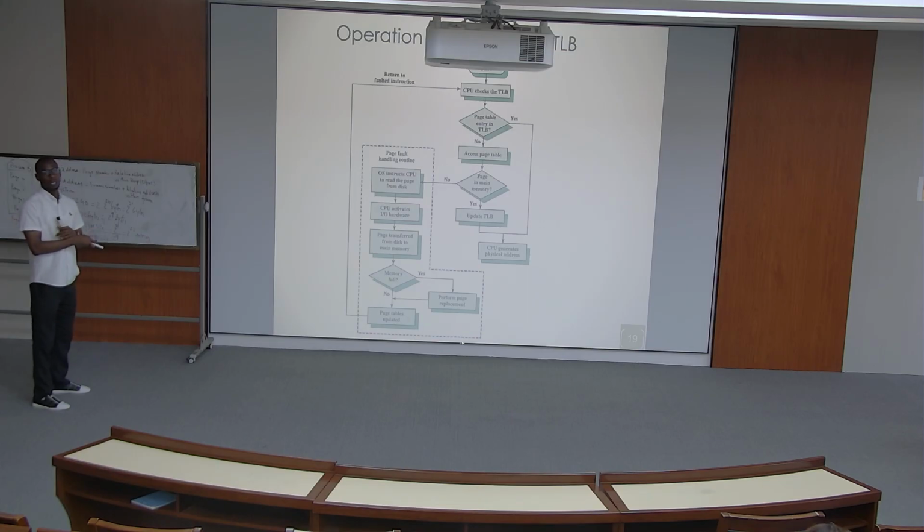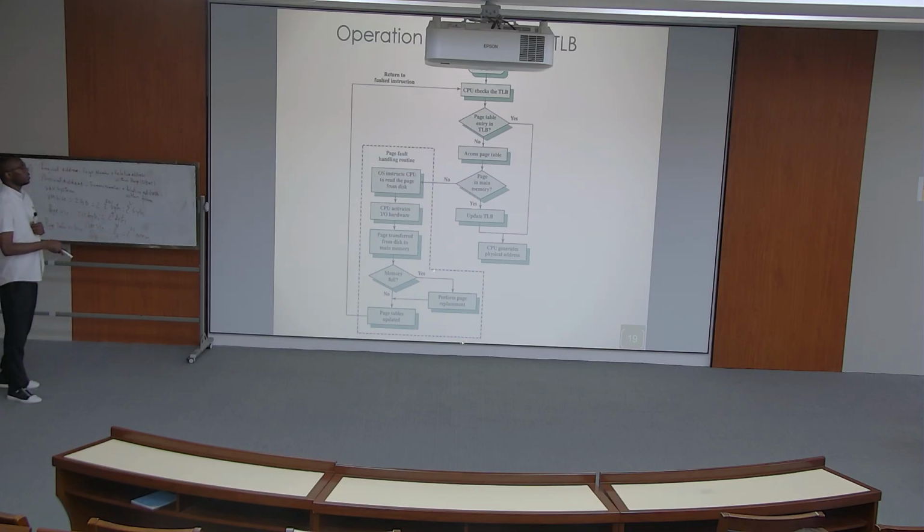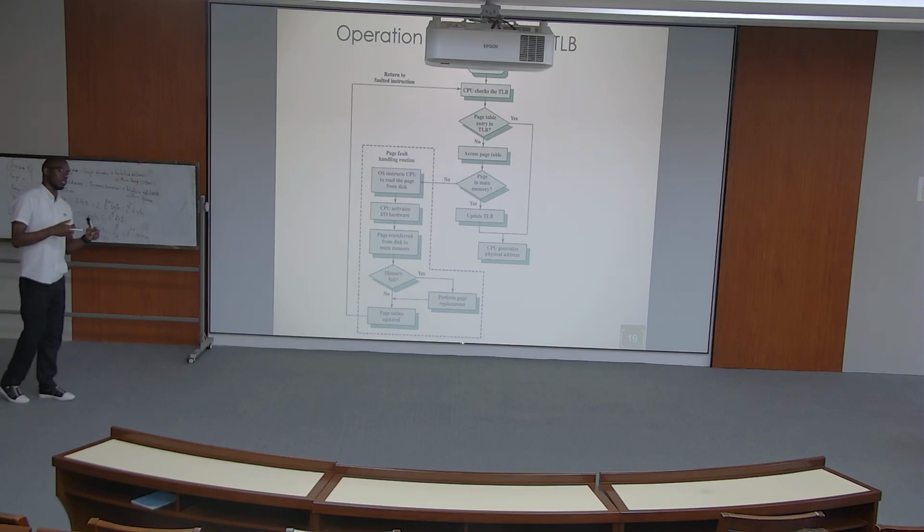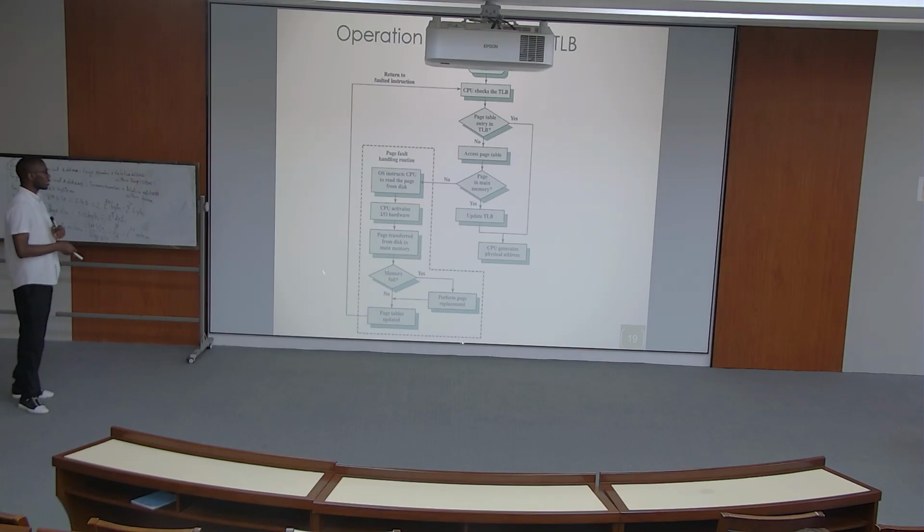Then this is going to take a longer time, because the operating system needs to instruct the central processing unit to read the page from the disk. The central processing unit has to activate the input-output hardware. Then the page needs to be transferred from the disk to the main memory, that is the upper level in the memory hierarchy. Now we have two different scenarios.